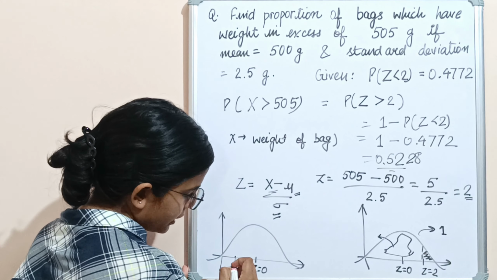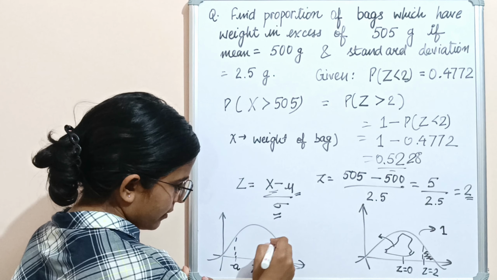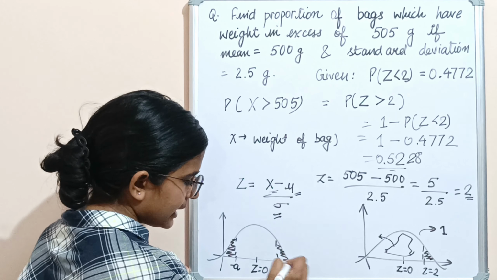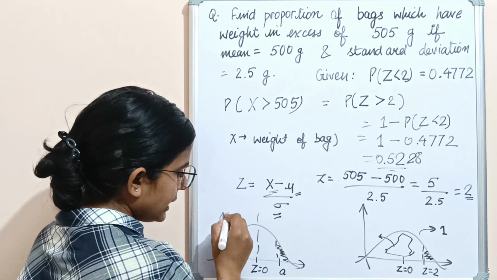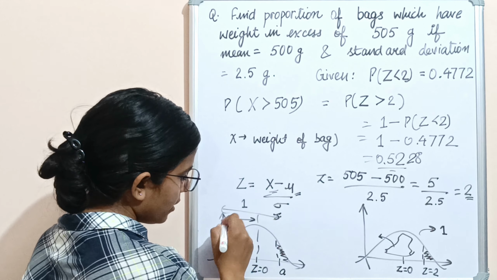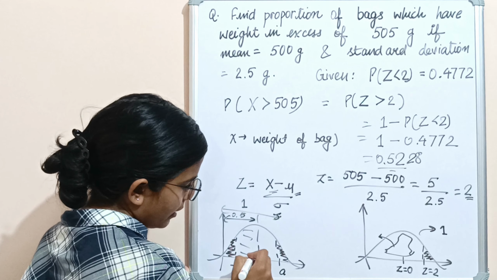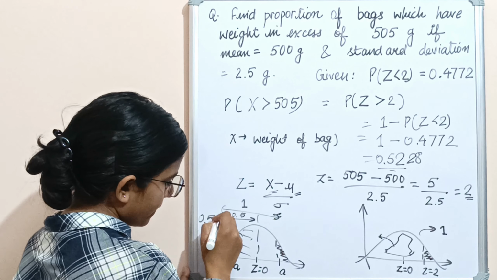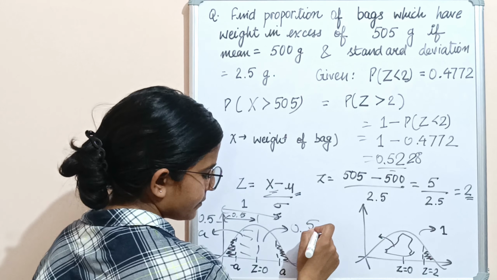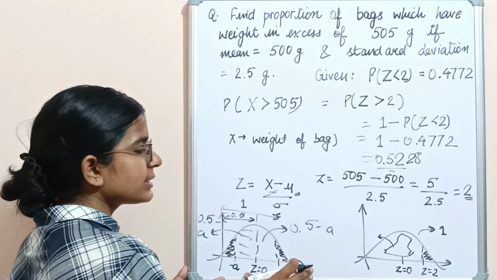And if here is the point minus a and here is the point a, then this area will be equal to this area and this total area will be 1. This area to the left of 0 will be 0.5. Then this area will be 0.5 minus a. And this area will also be 0.5 minus a. So we can use any of these given things alternately.